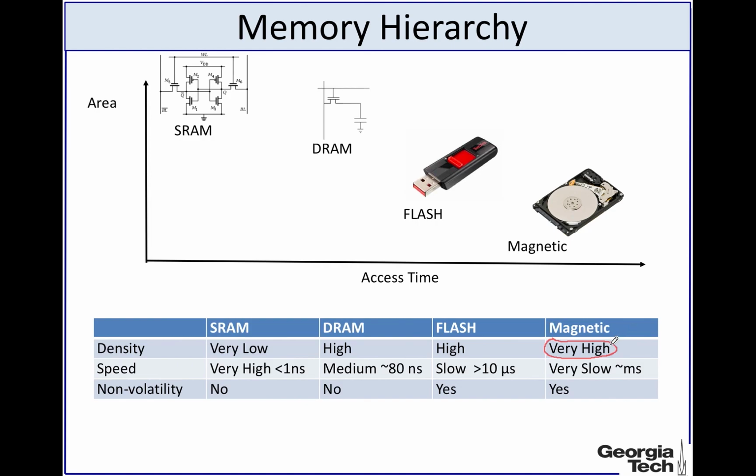This is the highest. On the other hand, the speed is extremely slow. As we have seen, the access time can be as slow as 8 milliseconds, so this is much slower than all the other technologies.